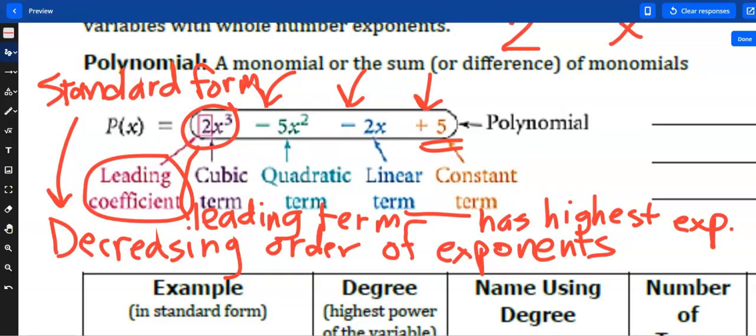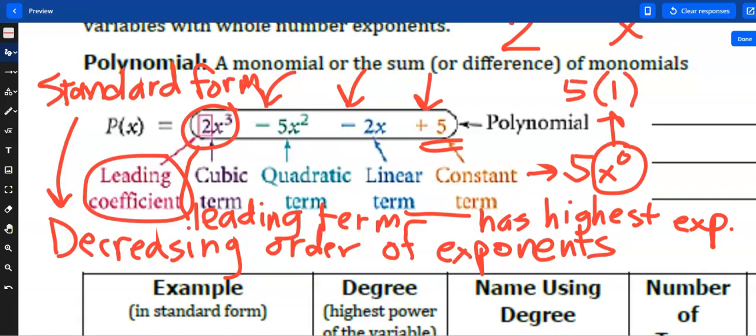Well, if your constant term has an exponent, truthfully, folks, that's the same thing as writing 5x to the 0, because we know that anything to the 0 power is 1, so that's really like saying 5 times 1. So, as you build your exponent, and you go to the next one up, that's x to the first.